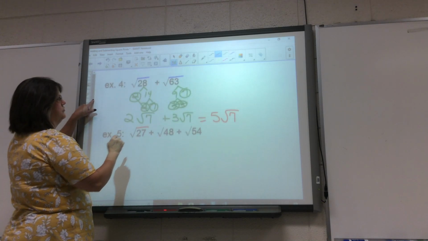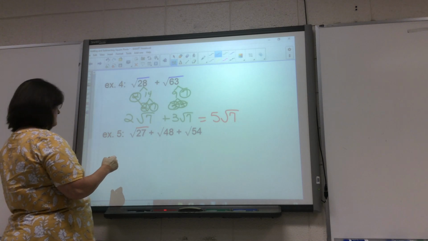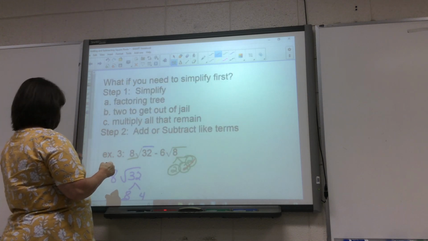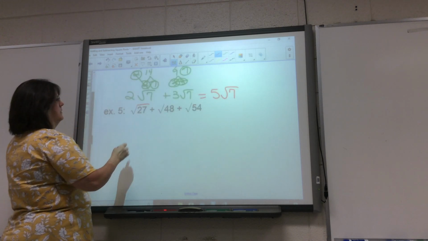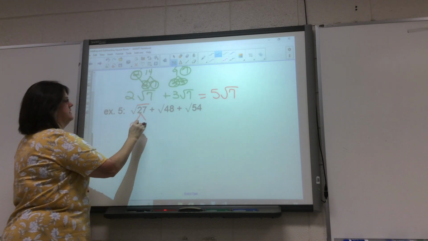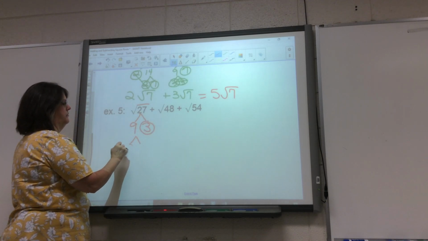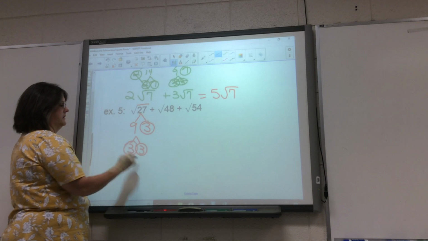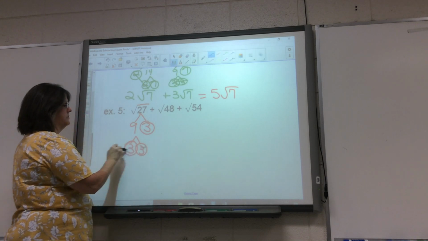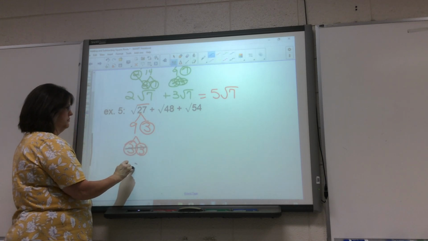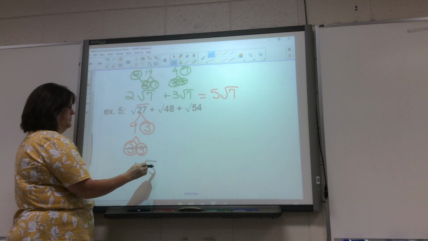All right, now I'll come down and I do this one. We'll just do it again. So this is 9 times 3, 3 times 3. Takes 2 to bring 1 out, so I'm going to bring out the 3. So this is 3 square roots of 3.